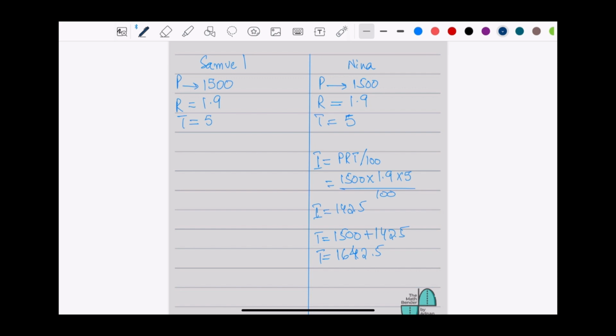Now for Samuel, A equals P times (1 plus rate over 100) to the power of t, which is 1500 times (1 plus 1.9 over 100) to the power of 5.